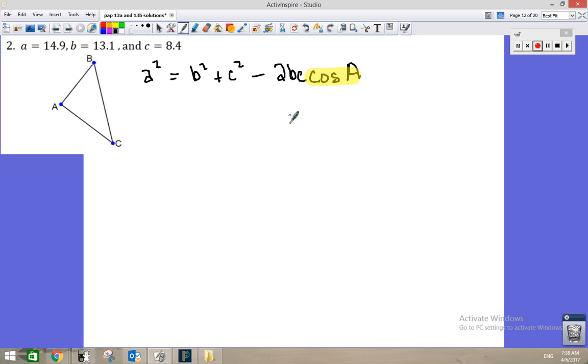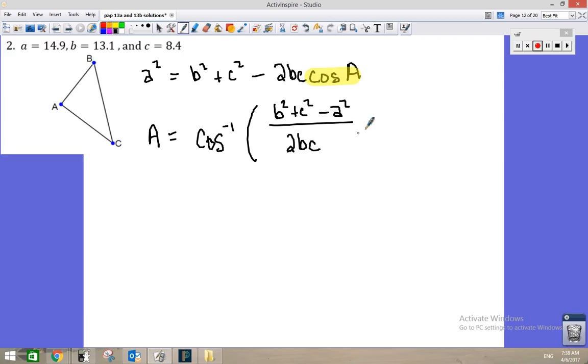If I do that, I've got A is equal to the inverse cosine of B squared plus C squared minus A squared, divided by 2BC.